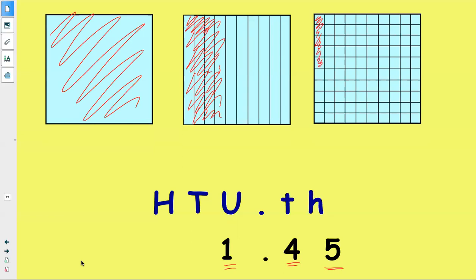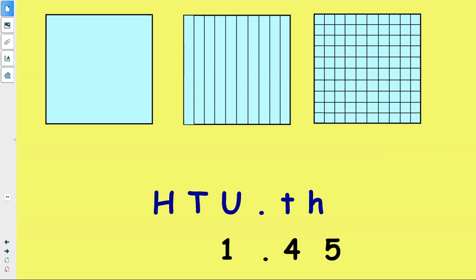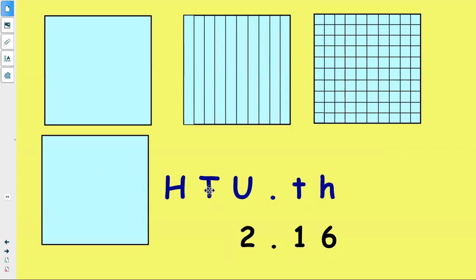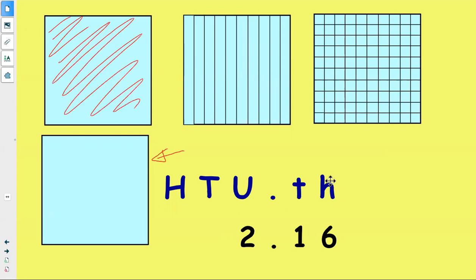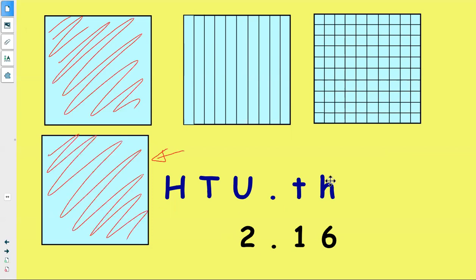Okay, next one. 2.16. You can see here that I've already made an extra box to represent the units, because if I wanted 2 units, I would have to shade in 2 of these boxes. So 2 units, then 1/10, one of these shaded in, and 6 hundredths, 6 of these shaded in. Okay, next.